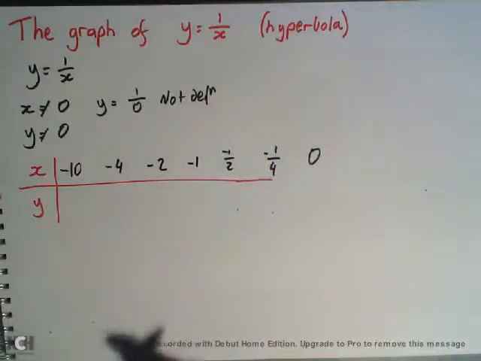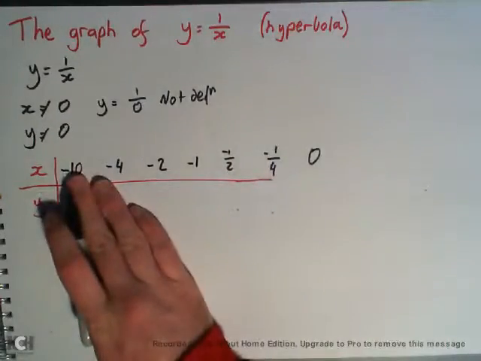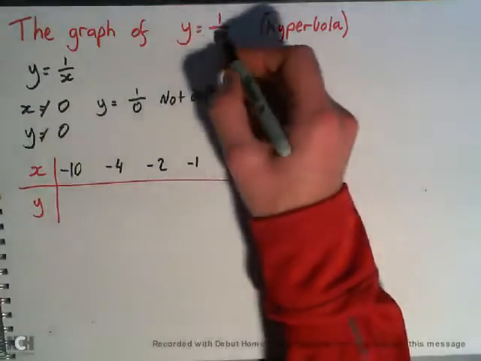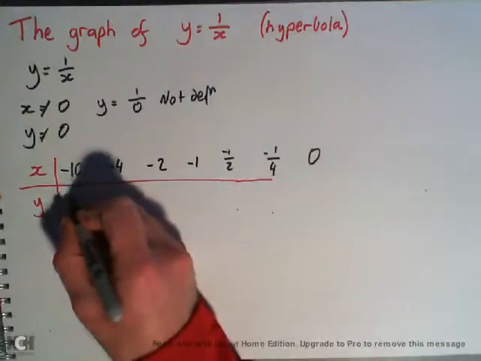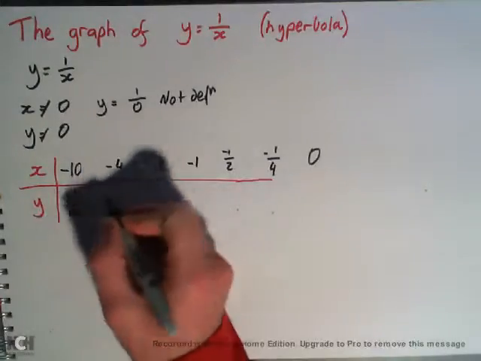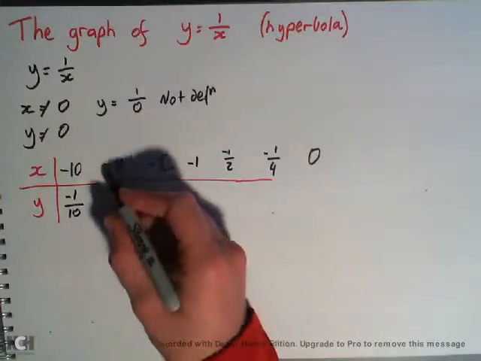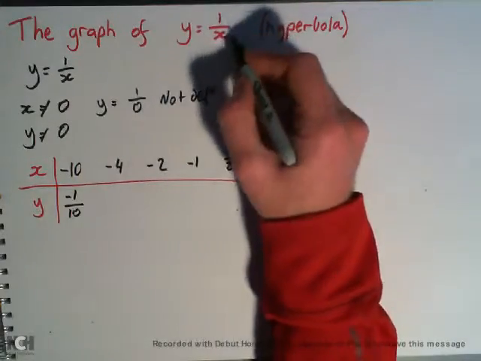For the negative numbers, at negative 10, we'll have 1 over negative 10, so negative 1 over 10. At minus 4, our y value is 1 over minus 4.